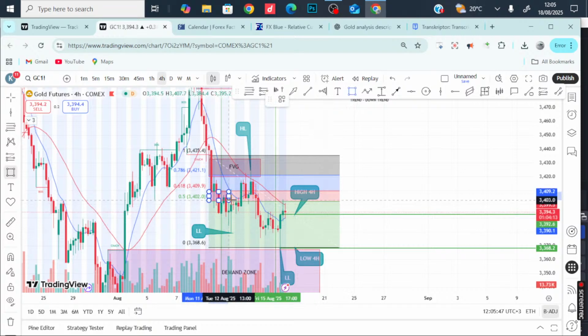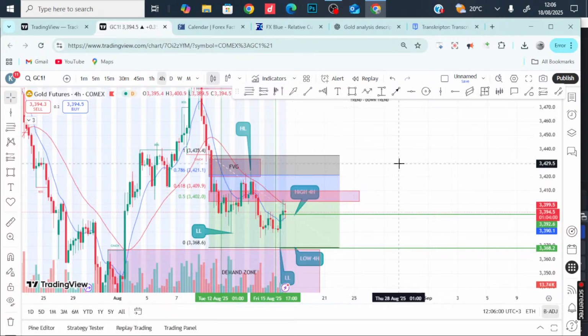That is the 60 50. The market has already mitigated this zone. It means the market is going literally on a downward trend. This is now our entry. This is now our entry state.